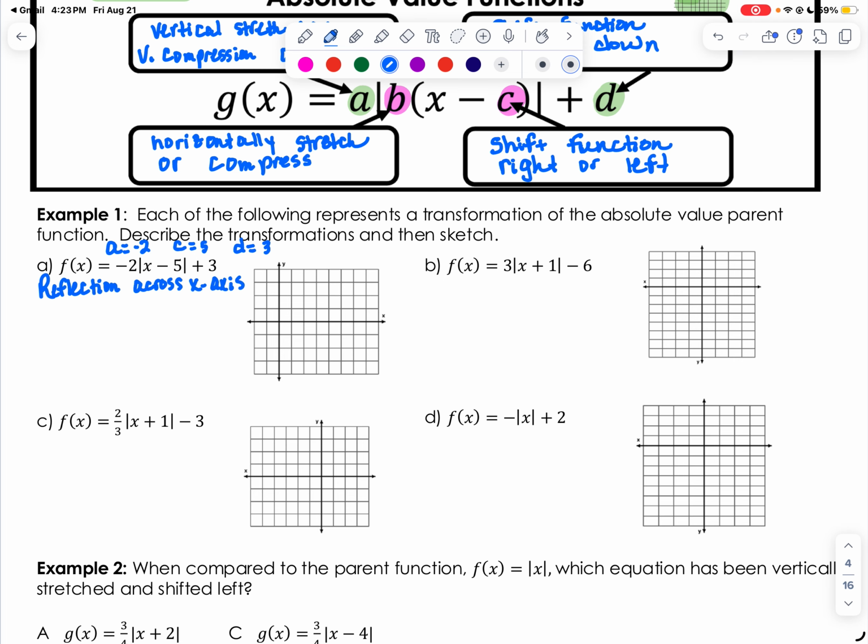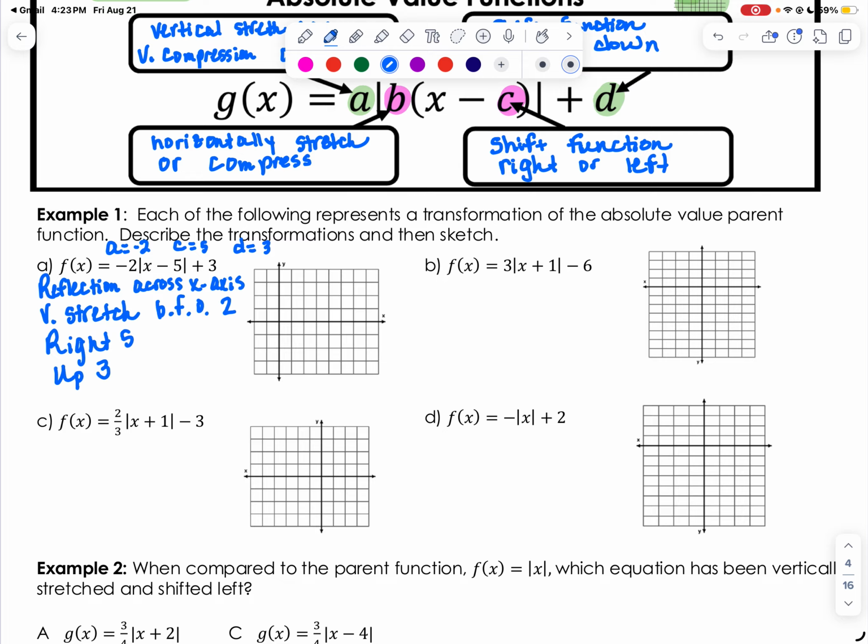In other words, the V shape will open downward. The 2 means your graph will vertically stretch by a factor of 2. The x minus 5 will move your graph right 5, and the +3 will move your function up 3.